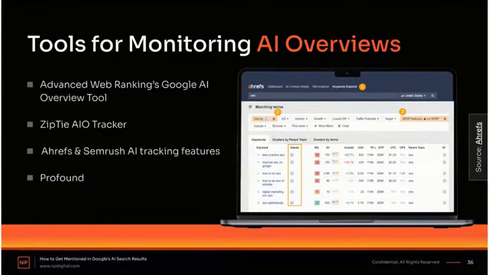Also, popular keyword tracking tools like Ahrefs and SEMrush help track keywords that you're showing up for in all those AI overviews. And last mention is for tools like Profound that help uncover patterns in how AI is sourcing and surfacing that content. These are just a few listed, but there are more and more tools coming out all the time now to track AIOs and help give a more accurate picture of how your website ranks.